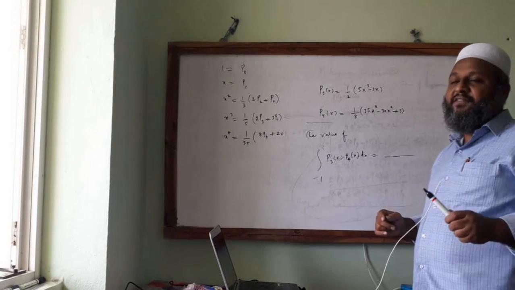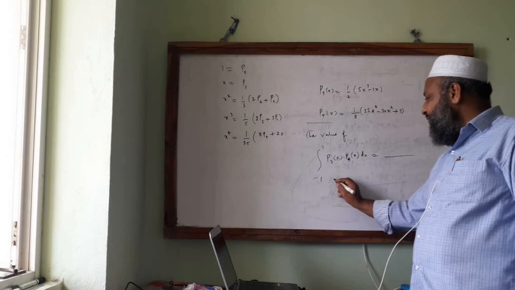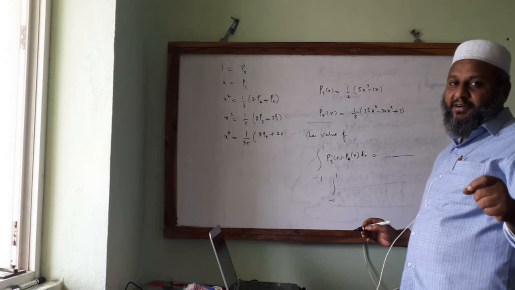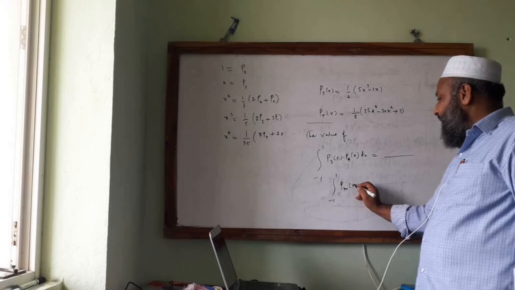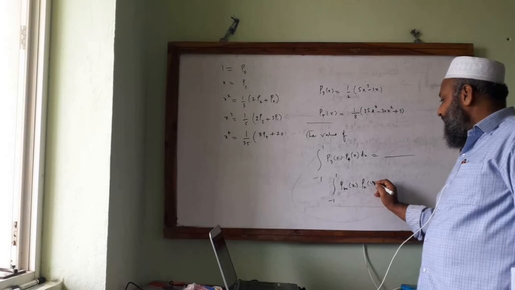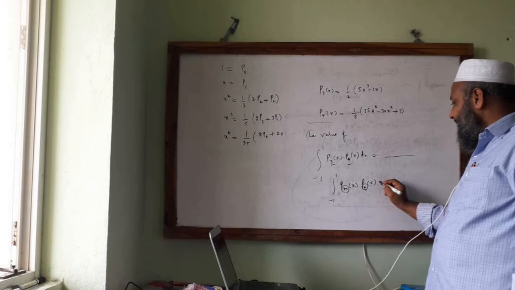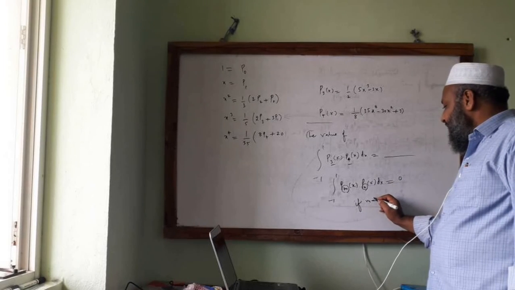But that student will lose a lot of time, and it is a very tricky question related to one very special point called the orthogonality property of Legendre polynomials. It states that if you have Pm of x and Pn of x, here m and n being 3 and 4, then the integral from -1 to +1 of their product is equal to 0 if m is not equal to n.